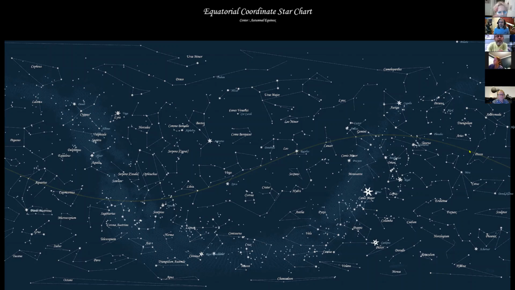So the vernal equinox originally was at Aries, but now is in Pisces. And then here's Taurus, Gemini, Cancer, Leo, Virgo, Libra, Scorpius, Sagittarius, Capricorn, Aquarius.